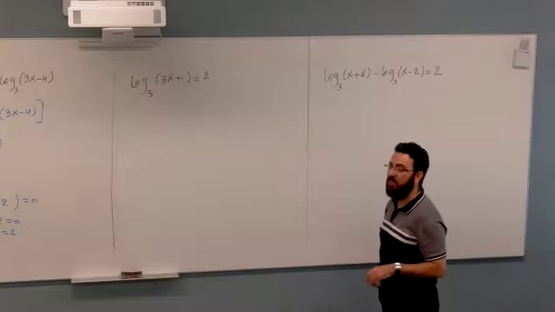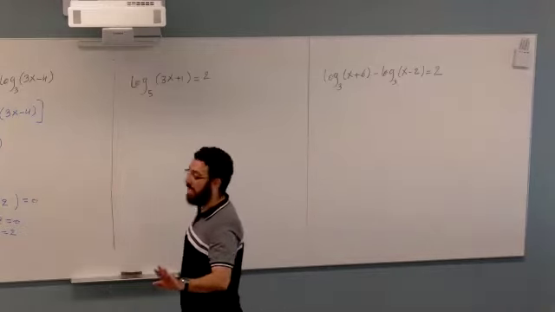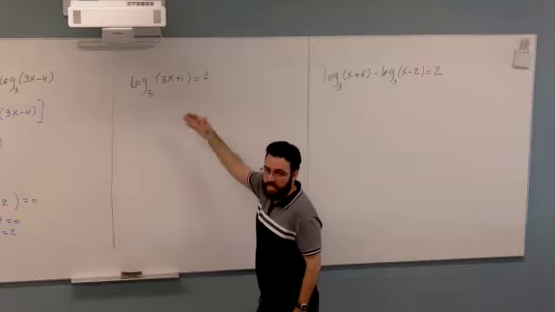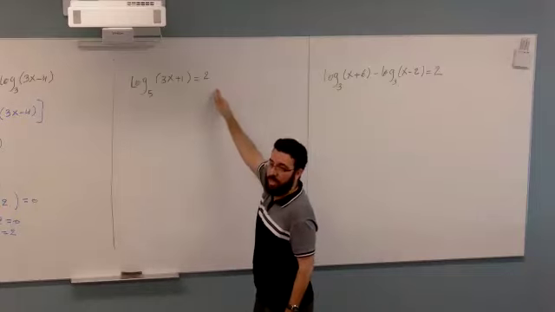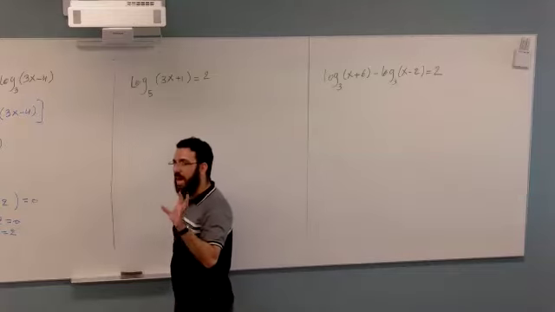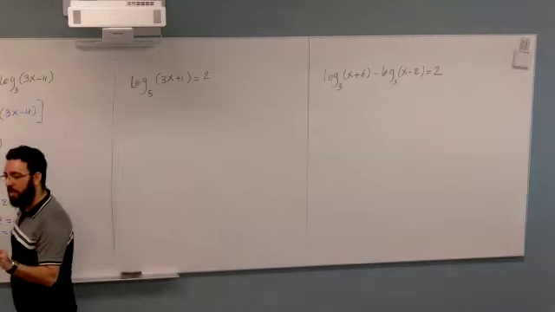Remember when we have to convert, because here's the thing, I can't use one of these properties. It says log x equal log y, that means x equal y, because I don't have a log here, I just have a number. But remember when we learned how to convert from the logarithm form to the exponential form?